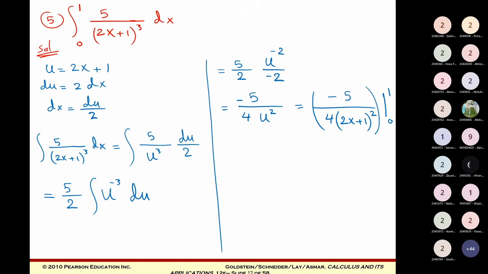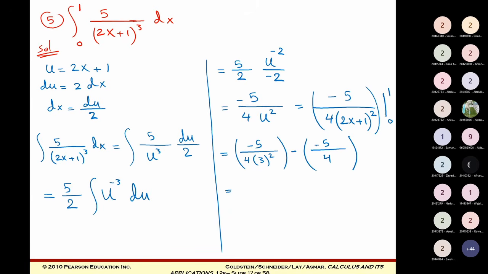After that, substitute with 1: minus 5 over 4 multiplied by 3 squared, minus, with 0: minus 5 multiplied by 4.